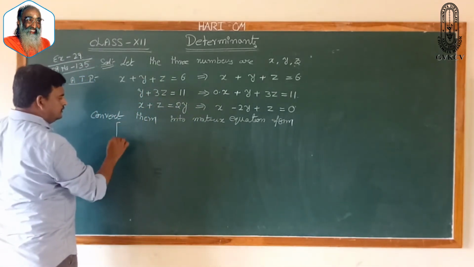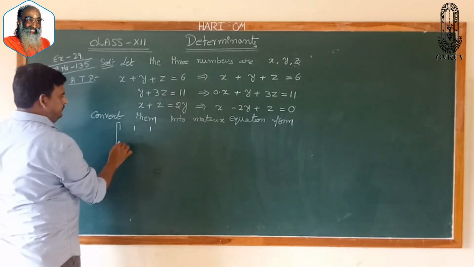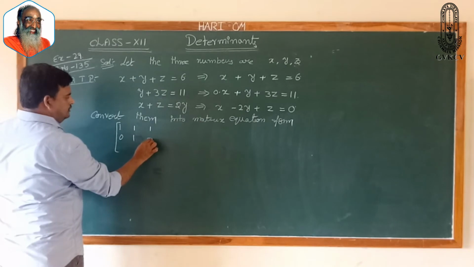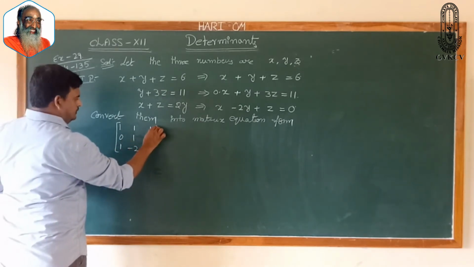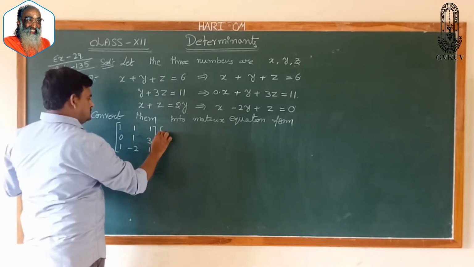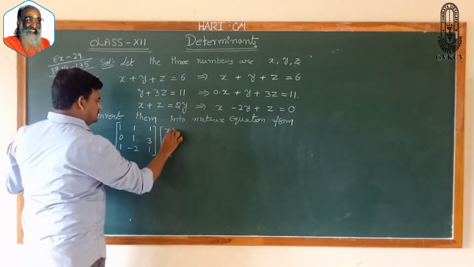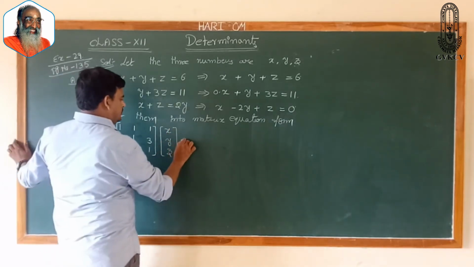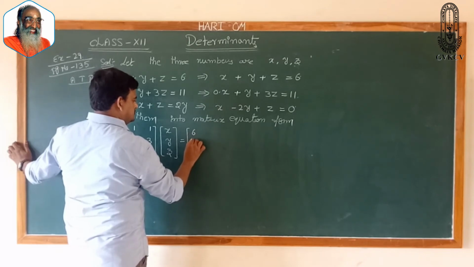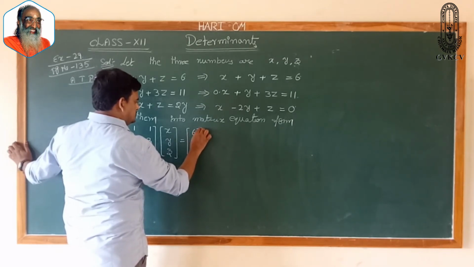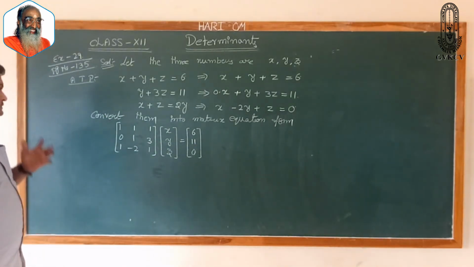For the coefficients we need to take 1, 1, 1, 0, 1, 3, 1, minus 2, 1. This is the coefficient matrix. Next we have the variable matrix x, y, z. Next we have the constants 6, 11 and 0.